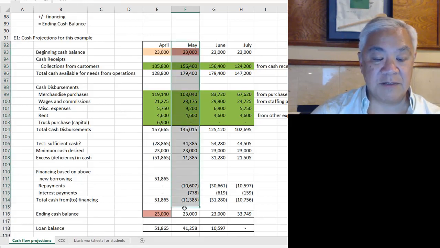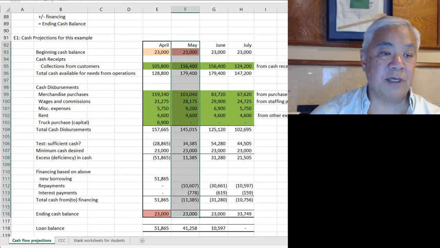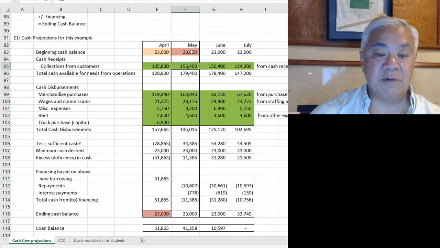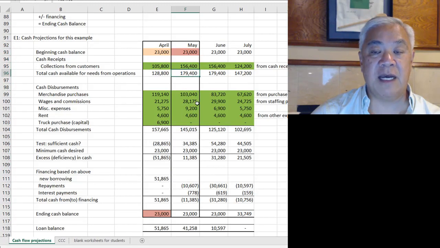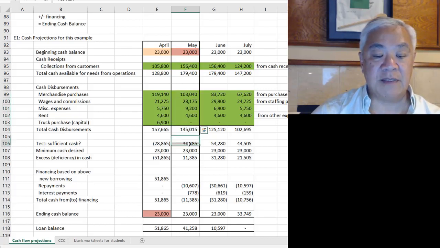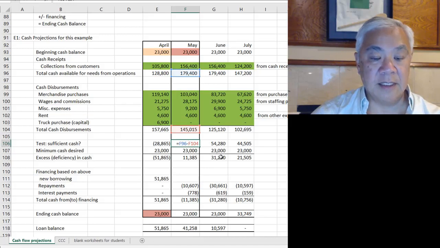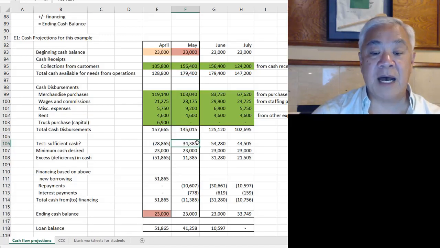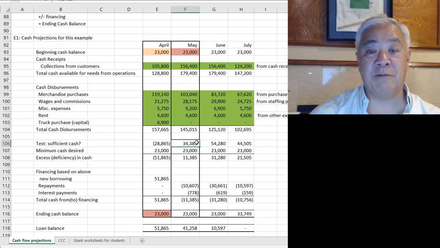So now we're going to go down this strip of data and see how we're looking. And so we started 23, we collected 156, so we had 179. We spent this amount of money for all kinds of disbursements for inventory, for people, and for other costs. So now we have this position, which is 34,000 positive, which means we have more money than we need because we only need 23.